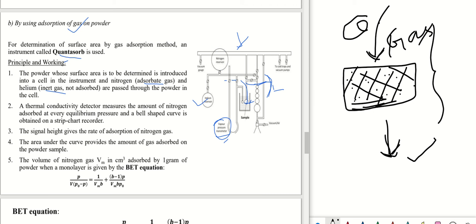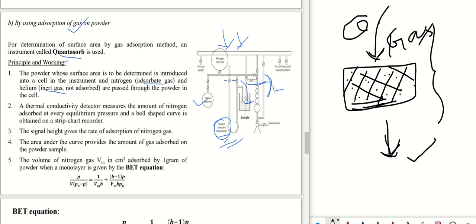So as the gas moves out, there will be some change in the volume. Volume decreases. Similarly, there will be a relative change in its pressure. That relative change in the pressure will be read from the manometer. And that's how we will be able to know the amount of gas absorbed onto the particle surface.